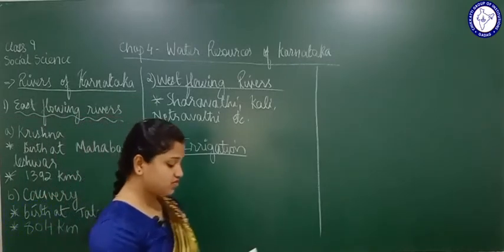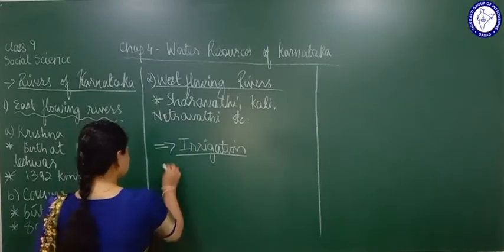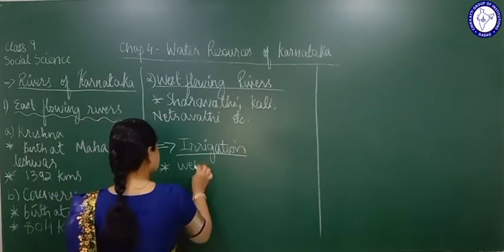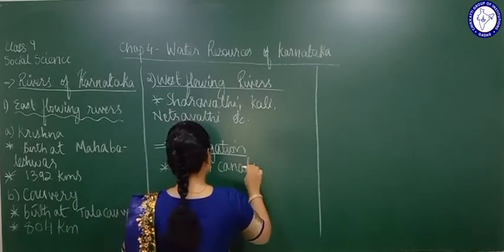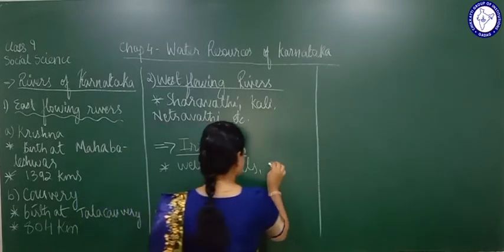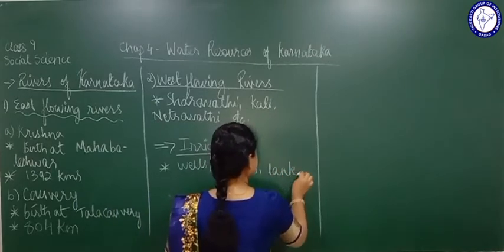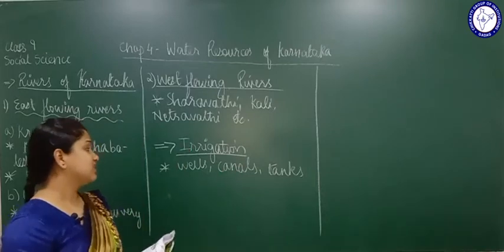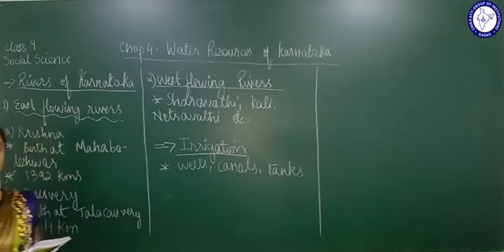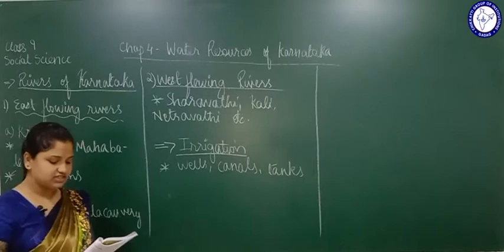The main sources of irrigation are wells, canals and tanks. Wells, canals and tanks are the three most important ways in which irrigation is done.